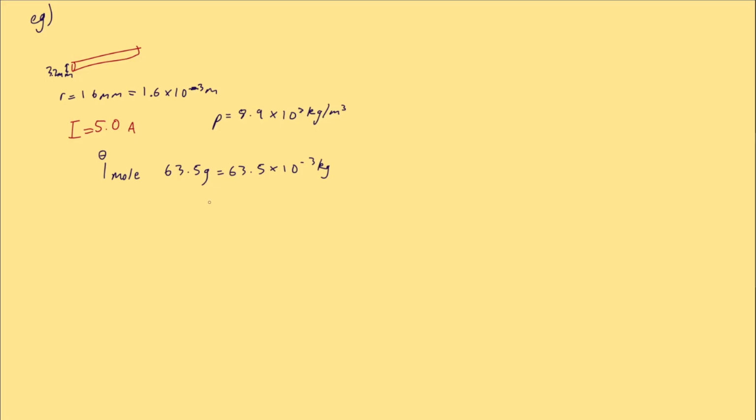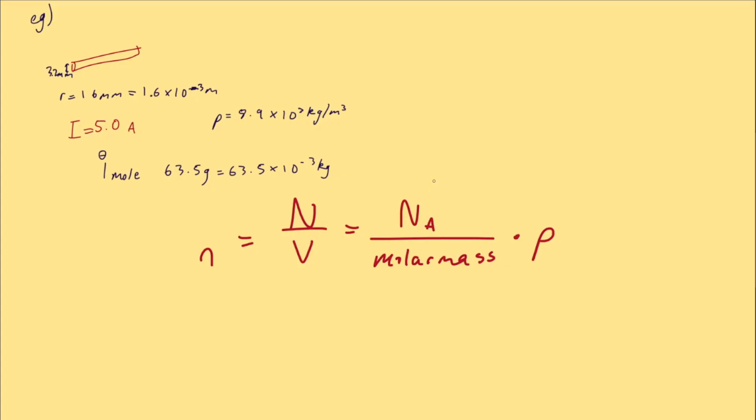Step 1, we need to find the free electron density, which is N. N is N over V, which is Na over the molar mass multiplied by density. And Na, if you remember from thermodynamics, is Avogadro's number, or 6.022 times 10 to the power of 23. It tells you how many atoms or molecules are inside 1 mole of a substance.